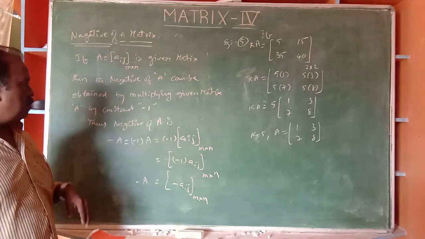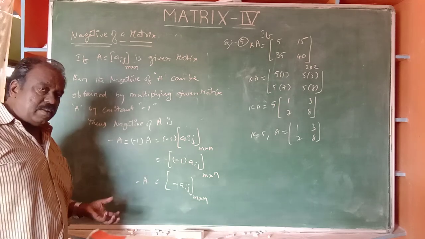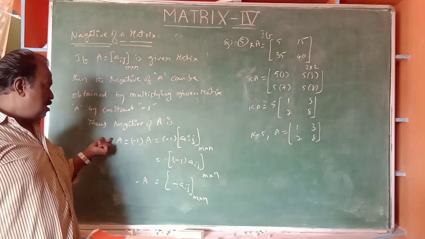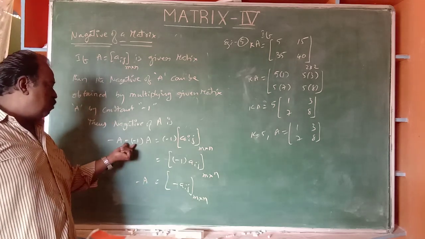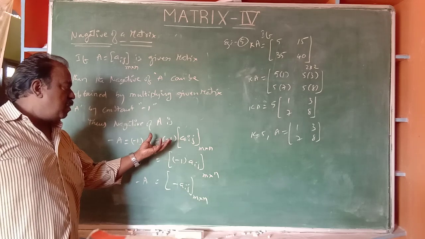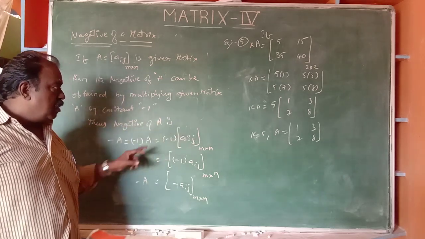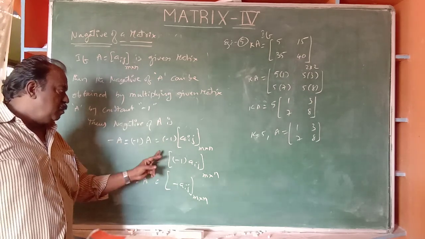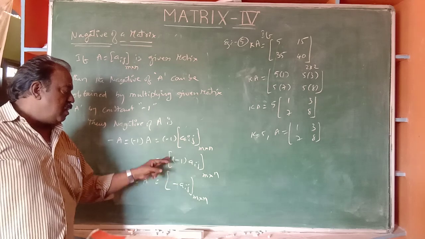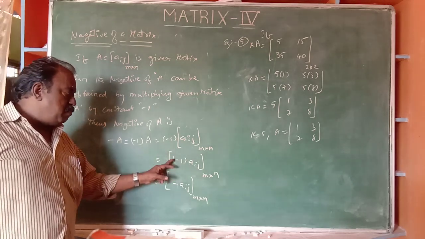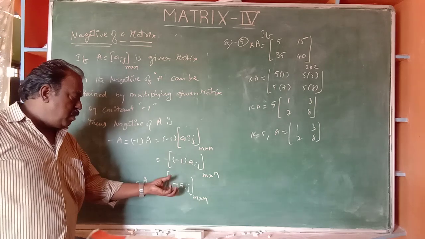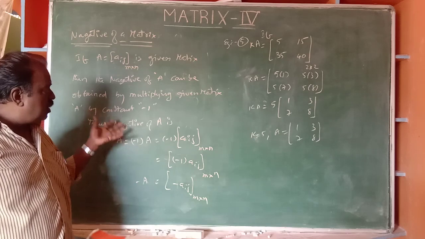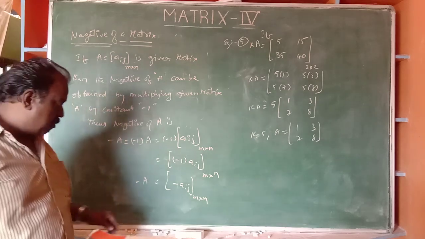The negative of a given matrix can be obtained by multiplying that matrix with minus 1. Here it is mentioned as minus A, meaning minus 1 into that matrix Aij. By using the definition of multiplication of a constant with a matrix, minus 1 is just like a k. It enters into the matrix and multiplies each and every element of the given matrix. Okay, now thus we can get a negative matrix.